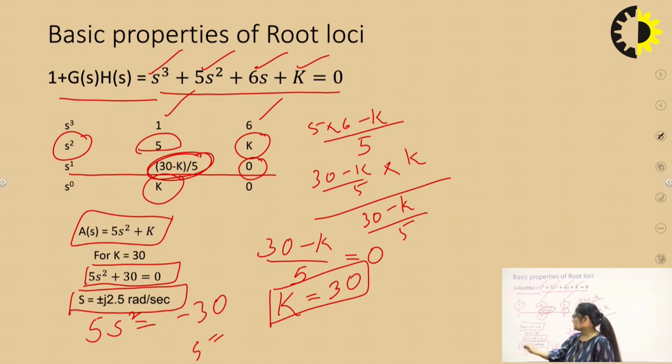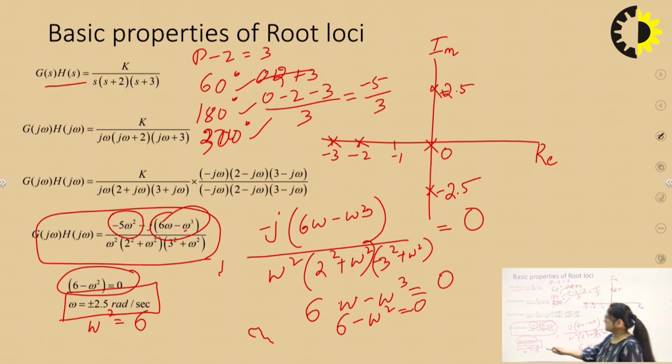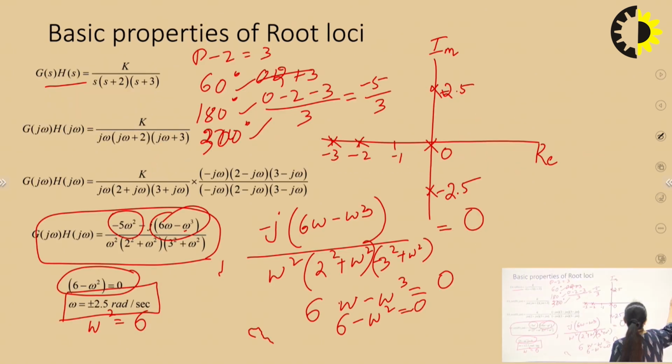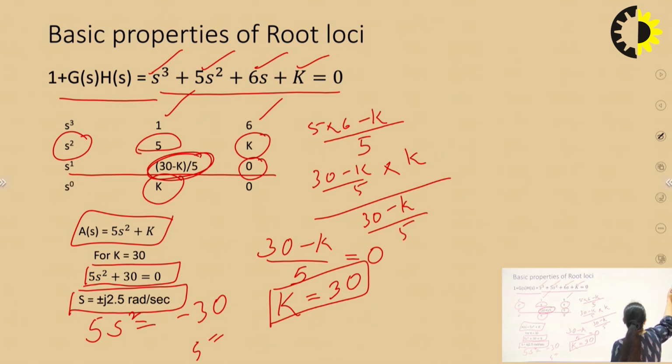Therefore, the point at which the root locus intersects with the imaginary axis is plus minus j 2.5, which is same as this omega, that is plus minus 2.5. So this is how you can determine the intersection of root locus on the imaginary axis.